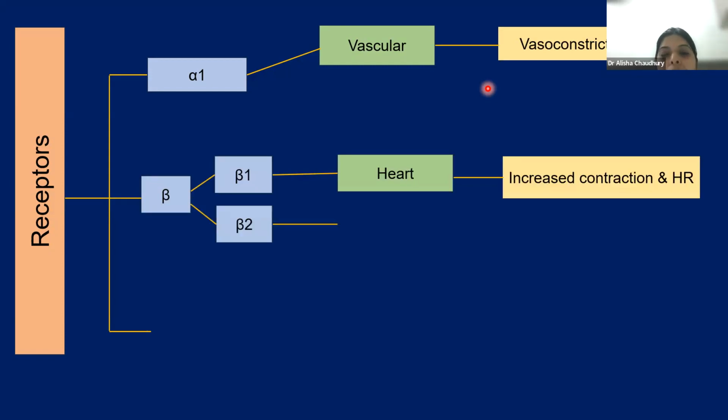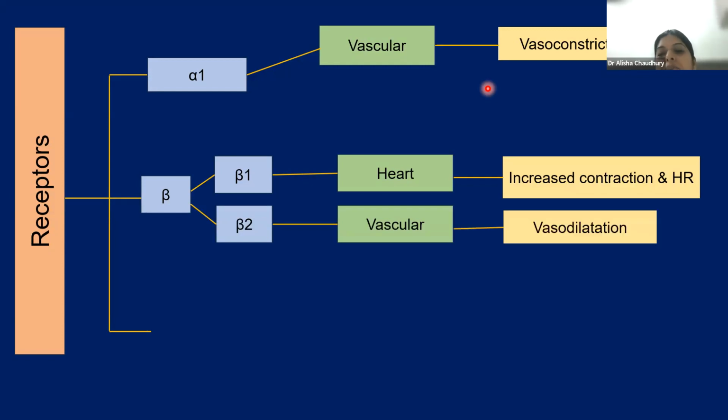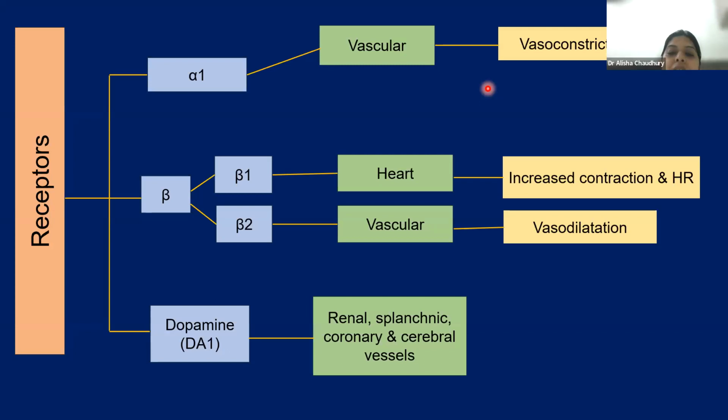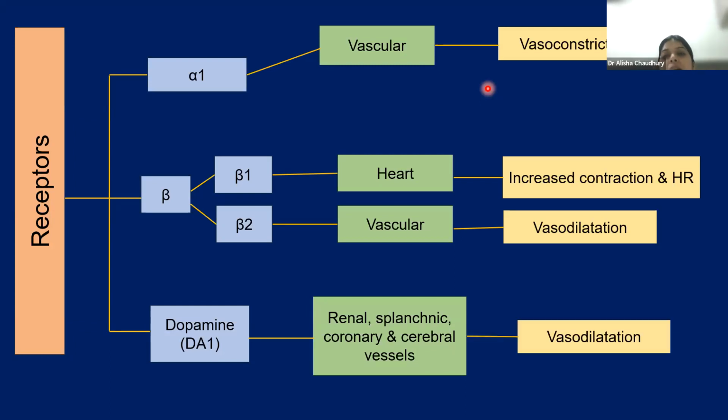And the beta-2 is at the level of the vascular endothelium and also in the airway, which causes vasodilatation and airway smooth muscle relaxation. There's one more receptor, dopamine, because that is also one of the drugs used in the ICU. The DA1 receptor is present in the peripheral blood vessels, renal, splanchnic, coronary, and cerebral blood vessels, causing vasodilatation.